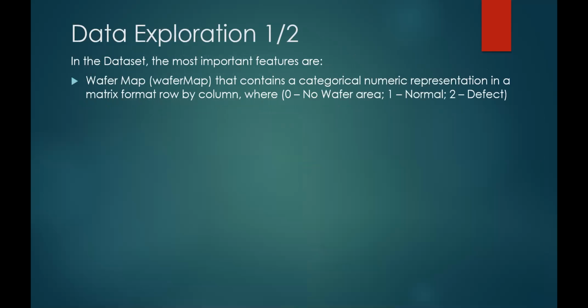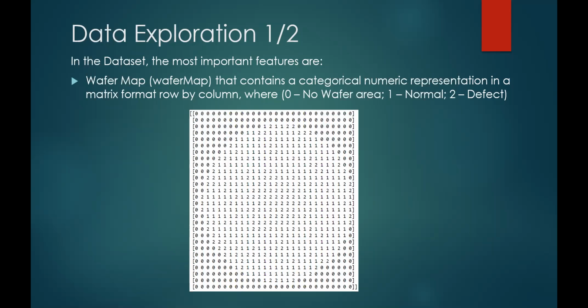Data exploration. In the data set, the most important features are the wafer map, which contains a categorical numeric representation of the image in a matrix format, rows by columns, where 0 means no wafer area, 1 means normal, and 2 means defect.